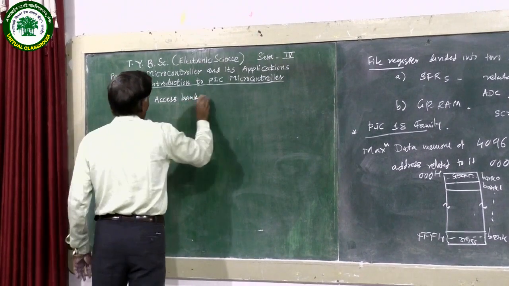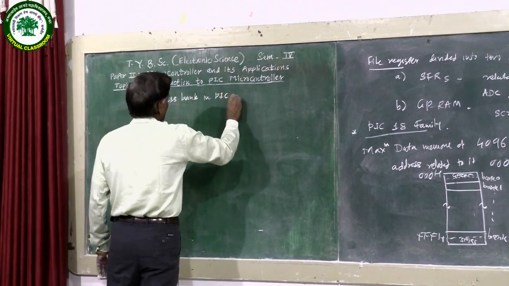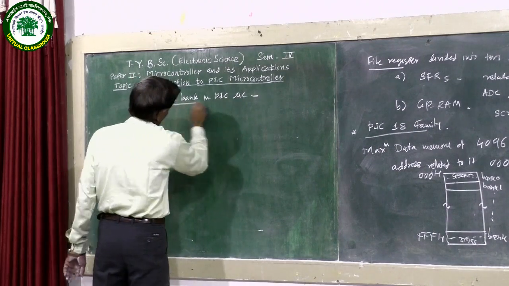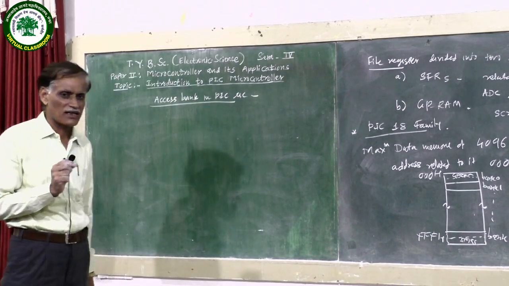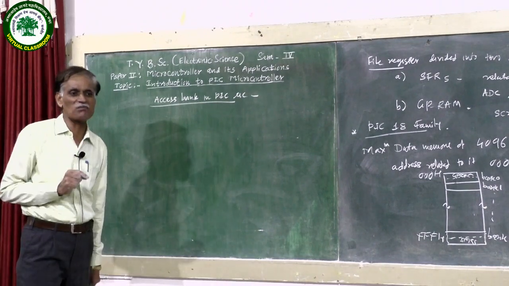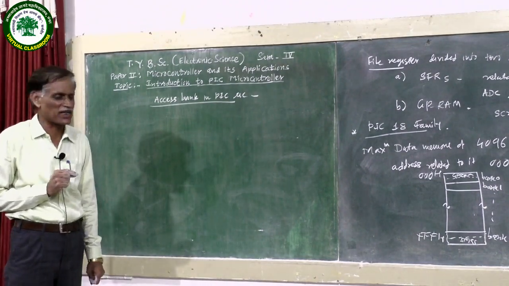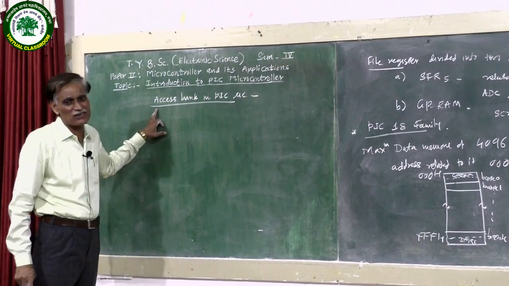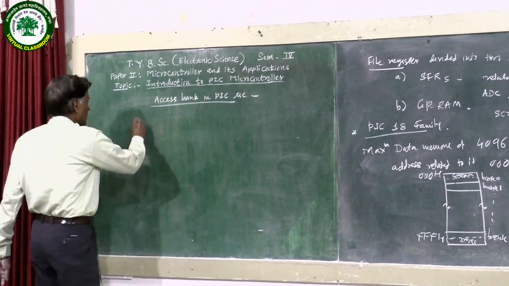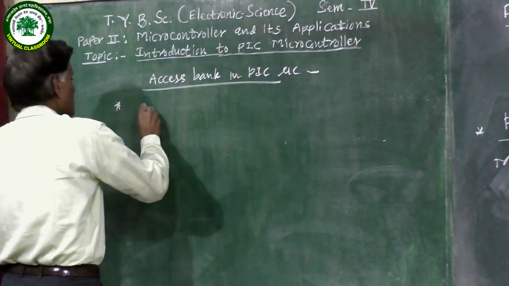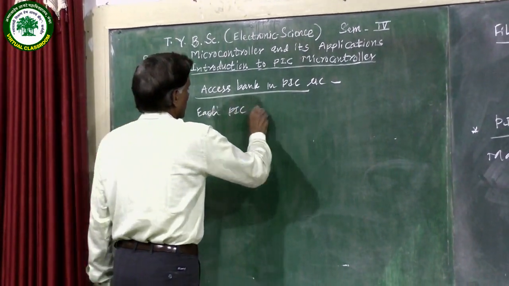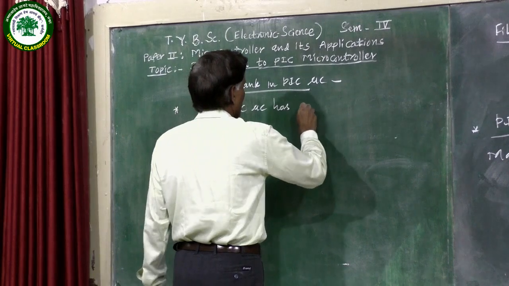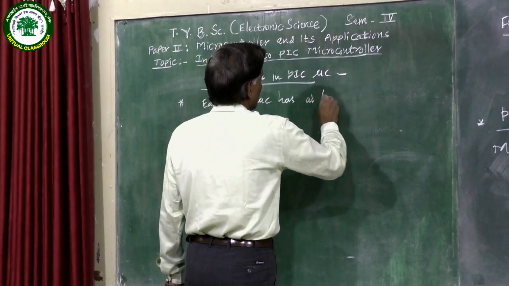Access bank in PIC microcontroller. Remember that any PIC microcontroller has at least one bank, a minimum of one bank inside it. That particular bank is known as the access bank.